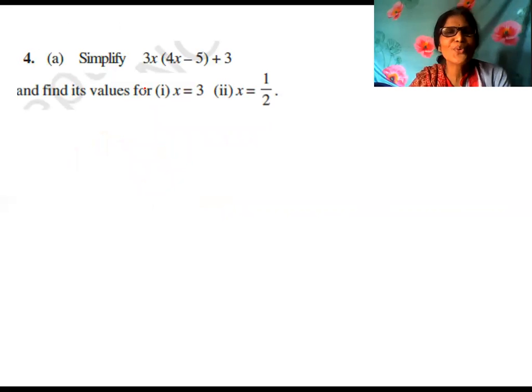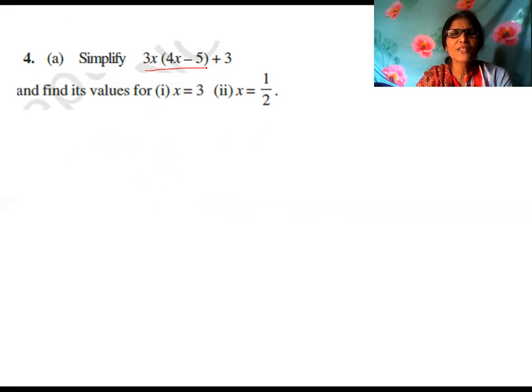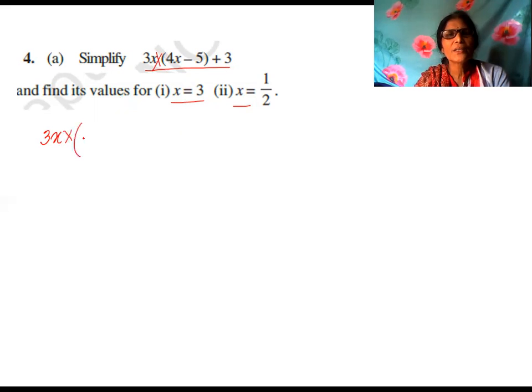Next, question number 4. Simplify 3x multiplied by 4x minus 5 plus 3, and find the value when x is equal to 3, and find the value when x is equal to half. So first you simplify the result: 3x, here it is nothing, meaning it is multiplication, 4x minus 5 plus 3.